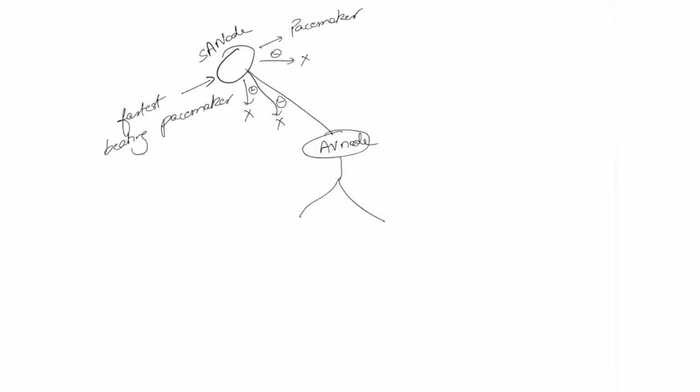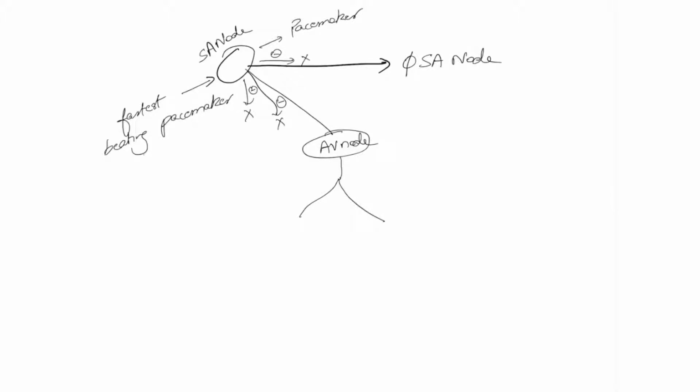So if you think about the underlying reason for some other focus taking over, it could be one of two reasons. The first reason is something happens and the SA node stops functioning. Because the SA node is no longer functioning, one of the other cells might take over its function.